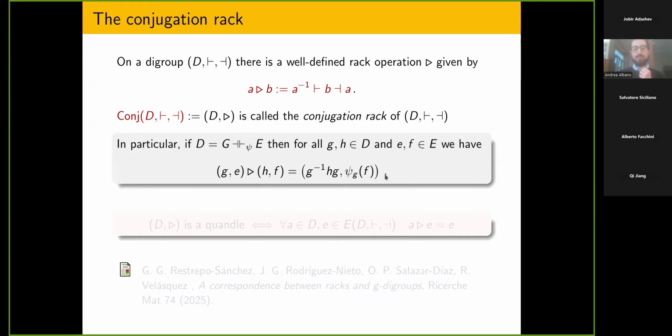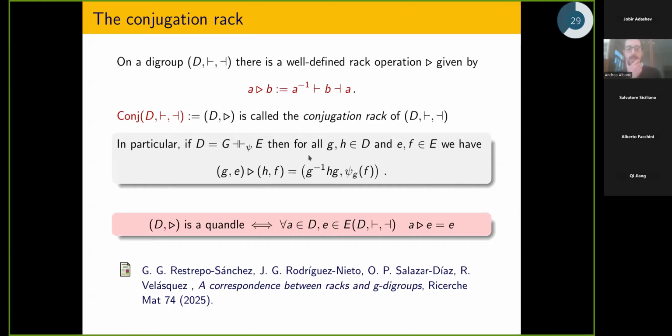In this way, the conjugation rack structure takes this very easy form, where we see that the right groupal action is, again, simply, in this way we can see it better, the conjugation from the groupal component on the idempotent component. It's not difficult to see this.